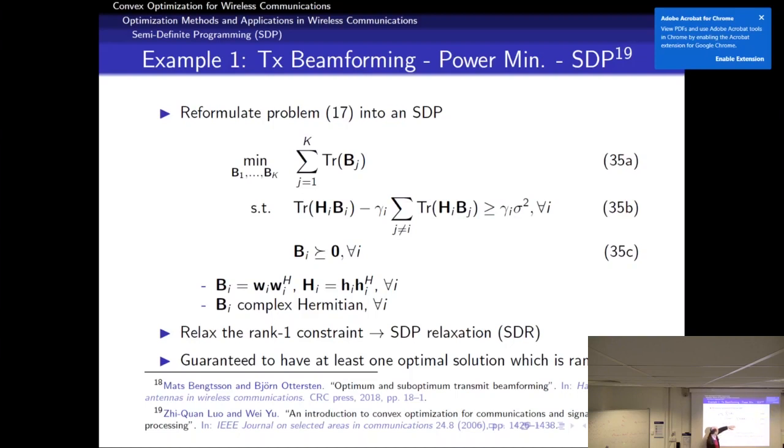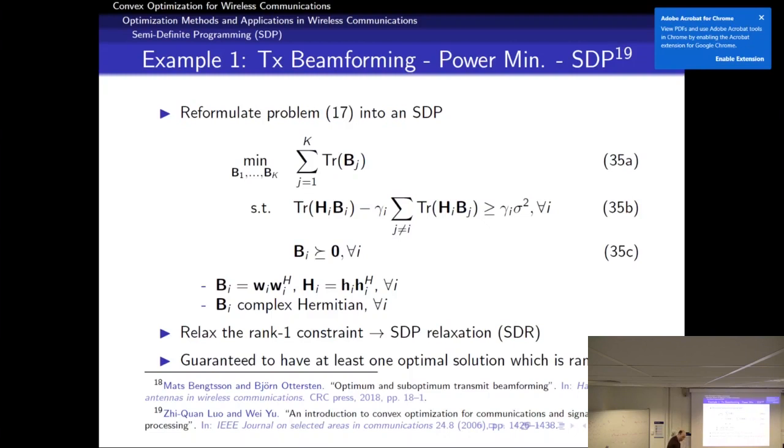We speak about relaxation in the sense that this problem is the same as before when you have not considered the rank constraint on those B matrices. Okay? So here we have an SDP formulation where we have relaxed the constraint on the rank of B. And so this is sometimes called SDP relaxation or semi-definite relaxation, right?